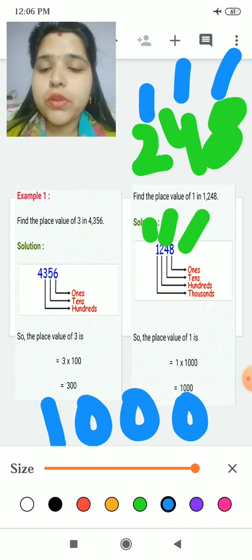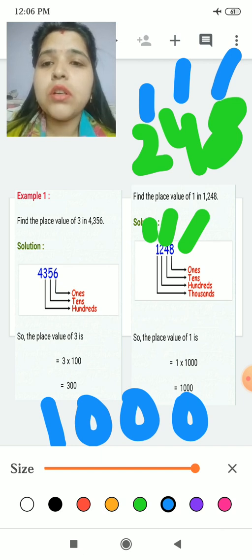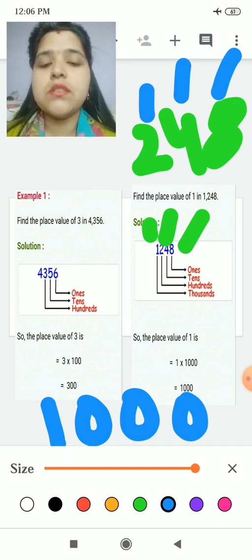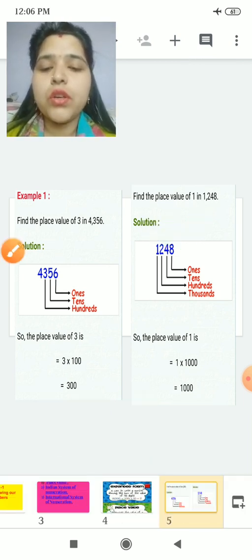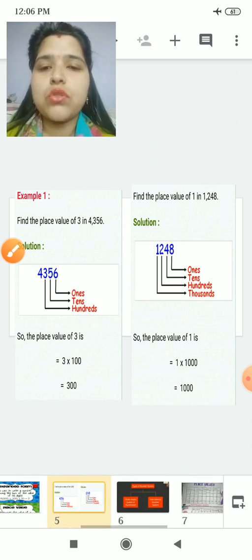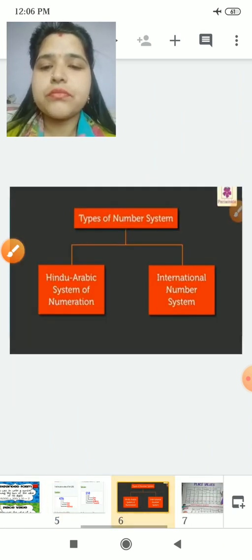Here a few things are the same, but a few are different. This is ones, tens, 100, 1000, 10,000, 100,000, million, 10 million, 100 million, billion, and so on. We will cover only up to millions.